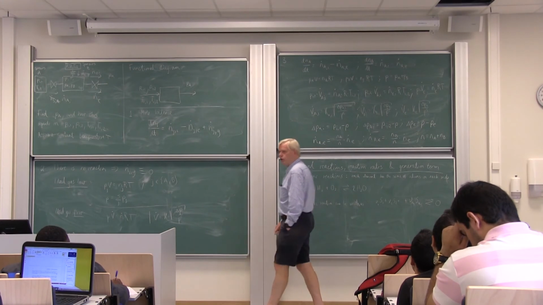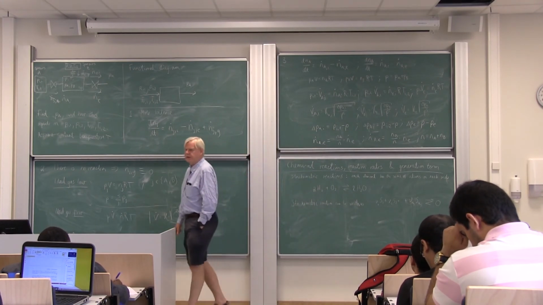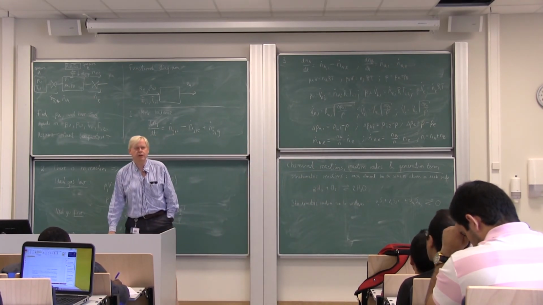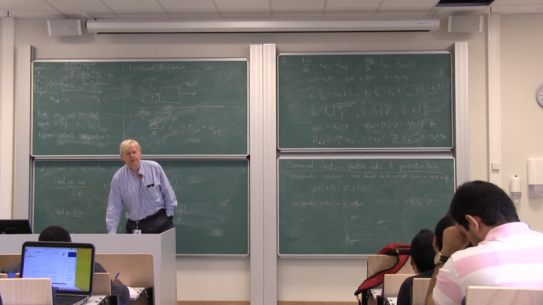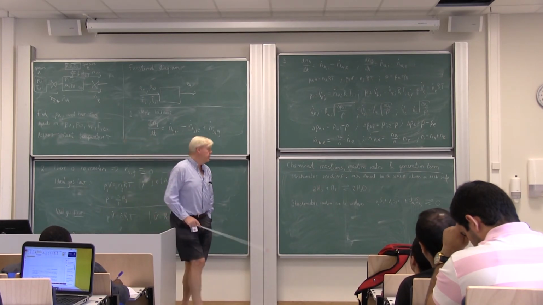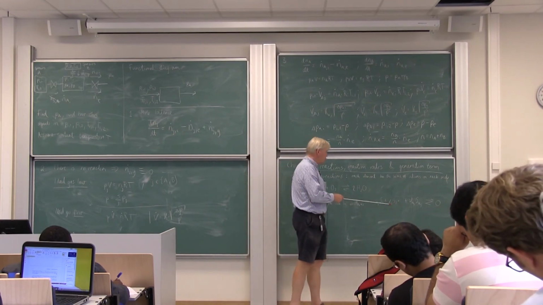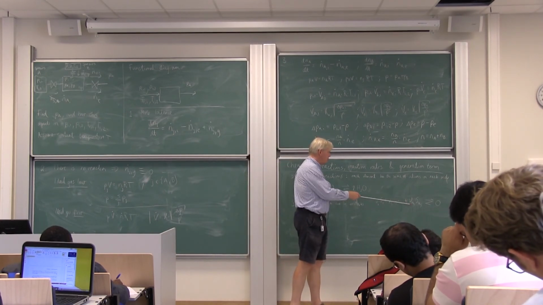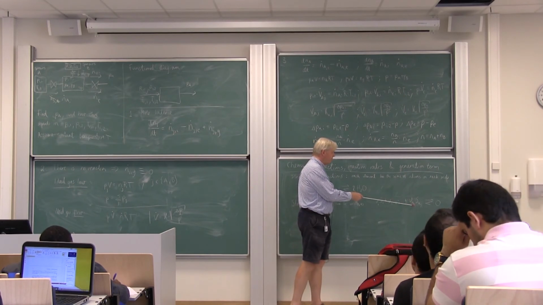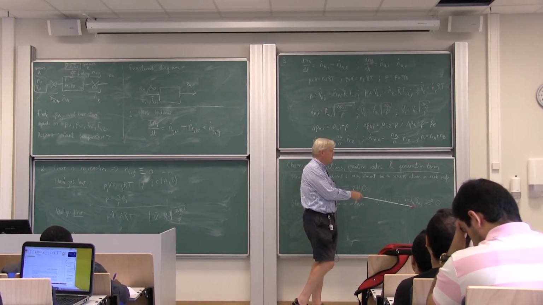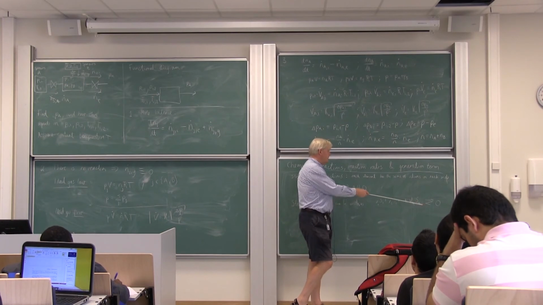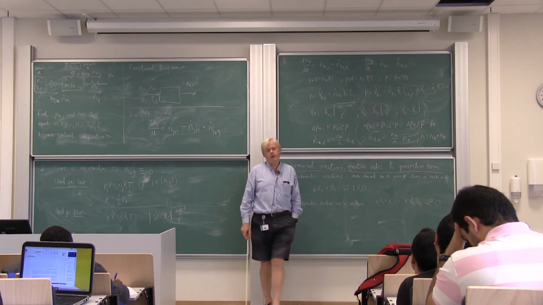Some number nu1, this symbol is a Greek lowercase nu. nu1 multiplied by s1 plus nu2 multiplied by s2, etc., plus nu_ns, number of species, multiplied by s, and s is the species.